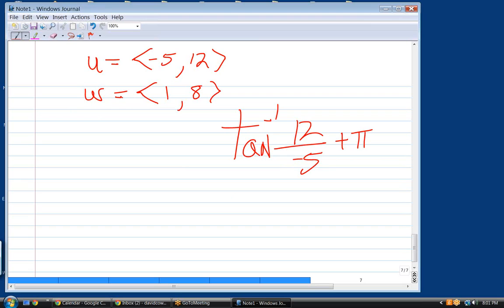What's the angle between the x-axis and W? Inverse tangent of 8 over 1, so just 8. Okay. In your calculator, what's the inverse tangent of 12 over -5 in degrees? I'm going to change that to 180.